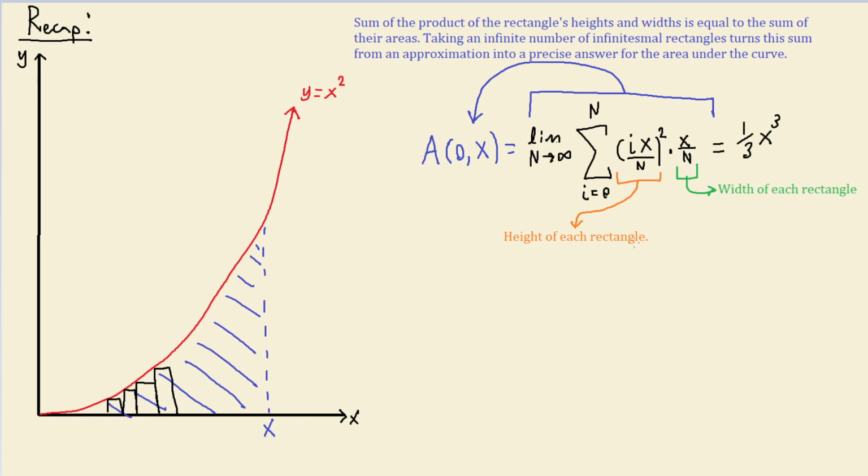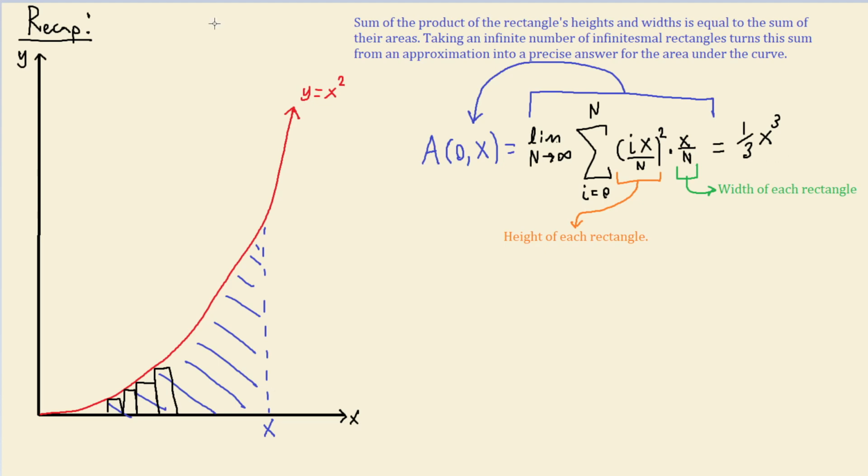And what we found is that when we took this limit, we were actually able to evaluate this infinite sum, and we wound up reducing it to 1/3 x cubed. So in conclusion, the area under the function x squared from 0 to some point x would evaluate to 1/3 x cubed.